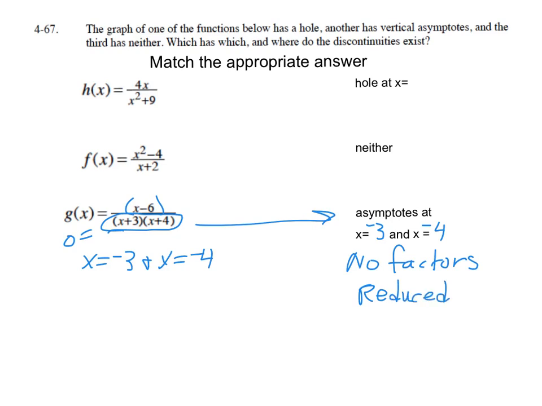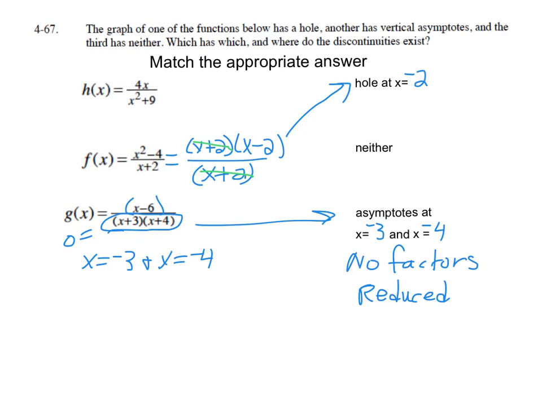Now in the second one, if I write this in factored form, I have x plus 2 times x minus 2 over x plus 2. What I see right away is I have a pair of factors that reduce. Therefore, this has a hole at x equaling negative 2.